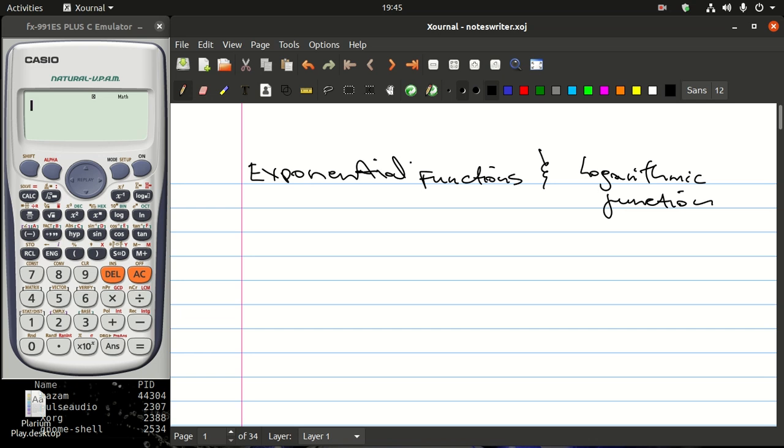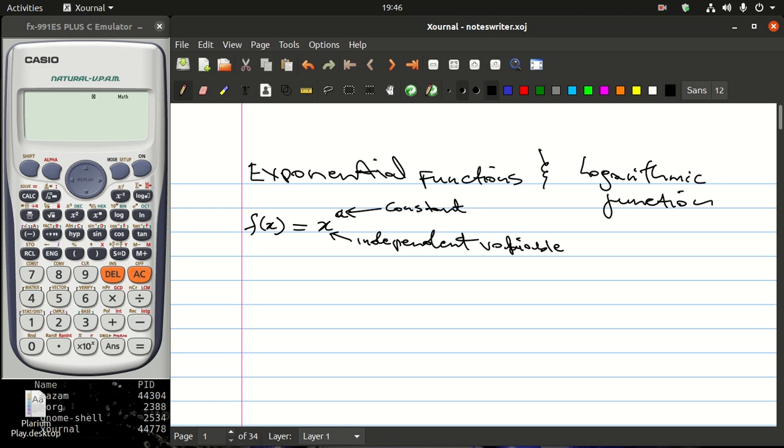So, what are exponential functions? First of all, let's start with f of x. Let's say f of x is equal to x to the exponent a. And this one, we said that this is an independent variable, and this one here is a constant.